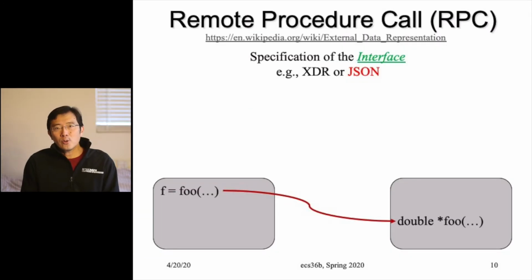Okay, so now you probably have some rough idea about what we would like to accomplish with the shadow object mechanism, and you also learned conceptually what the remote procedure call tries to accomplish.